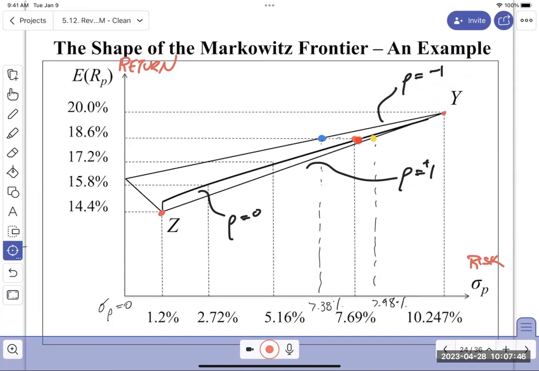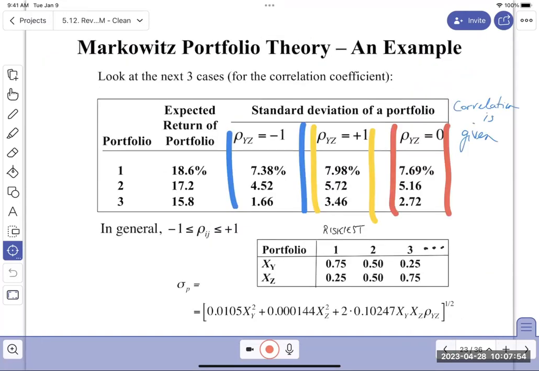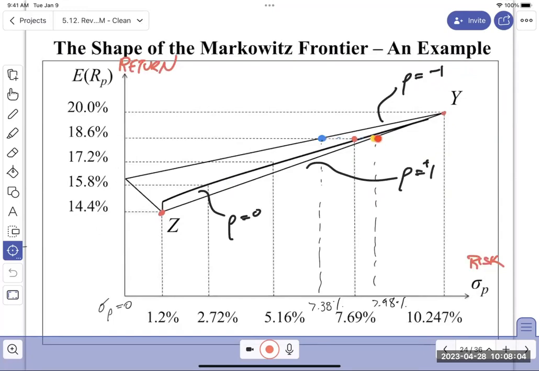You can't do that if there's no correlation, just 0, but it will wipe out that extra term. Remember the extra term in the formula. If this is 0, this disappears. But if this correlation is positive, it adds to the risk, right? So that's why you end up here. Not that much in this case, but that's the nature of the weights.